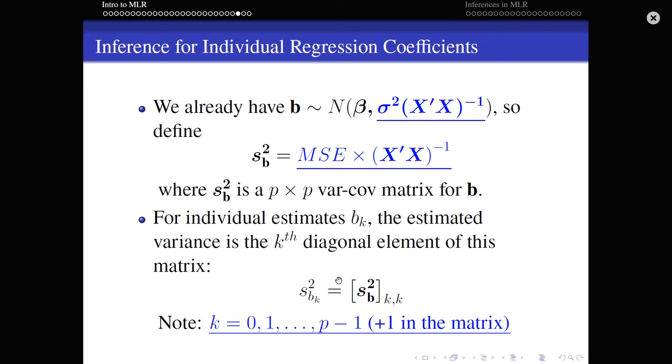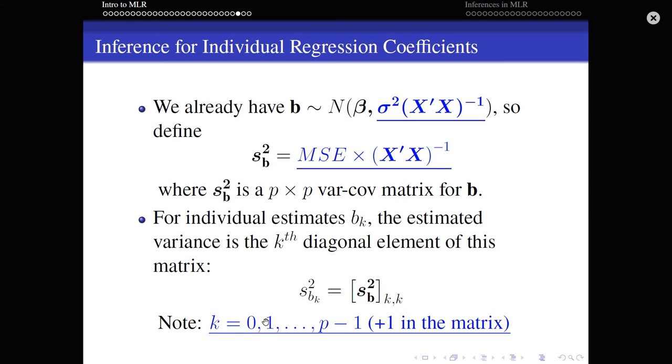That is, the variance of the kth parameter estimate is the kth row and the kth column entry of the estimated variance covariance matrix for the vector of parameter estimates. Well, that's a mouthful. Note that k goes from 0 to p minus 1, so this is the parameters, right? Beta sub 0, b sub 0, b sub 1, b sub 2, etc. But for the matrix, it would be plus 1.